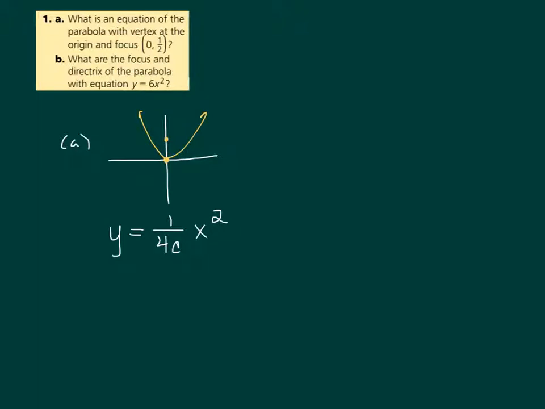Referencing again that previous page. 1/2. So we know, again from referencing the previous page, c is 1/2. So an equation, y equals 1 over 4 times 1/2 x squared. What does this simplify to? 1/2.